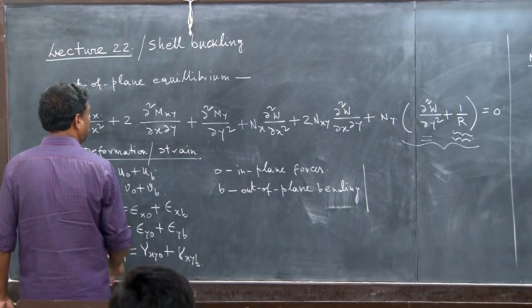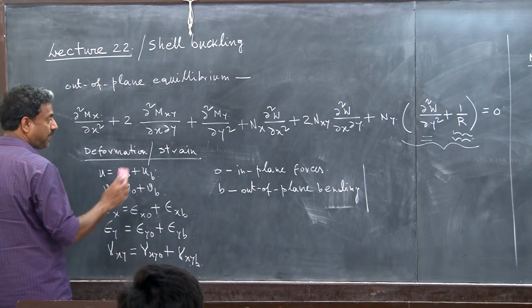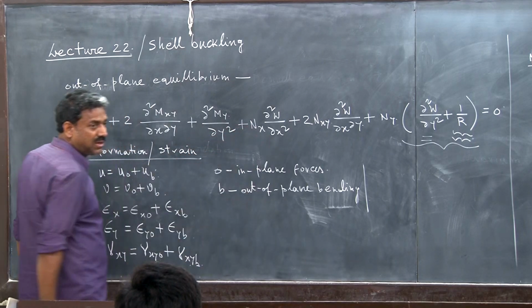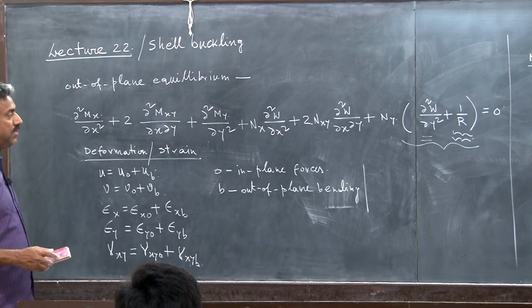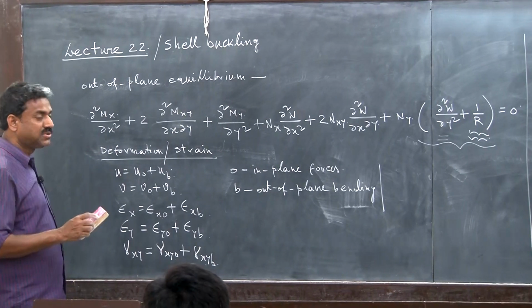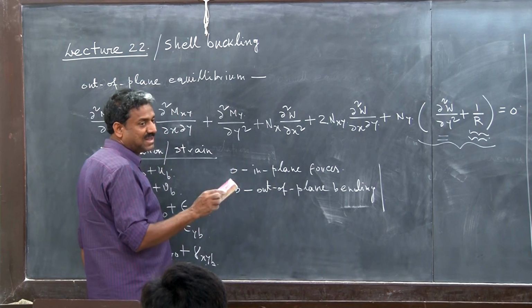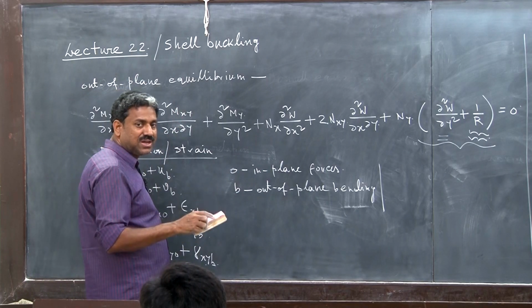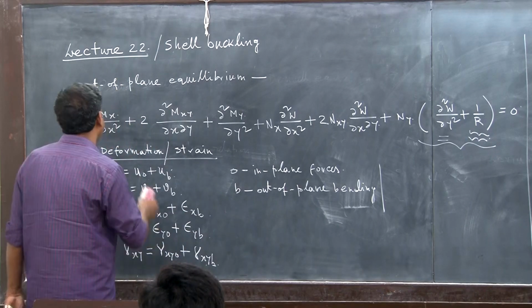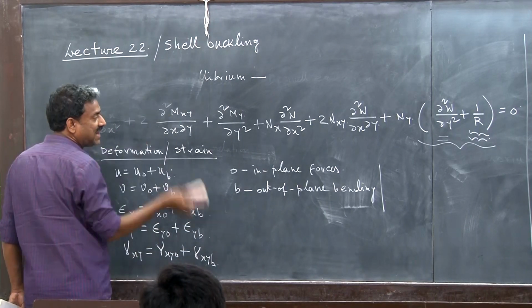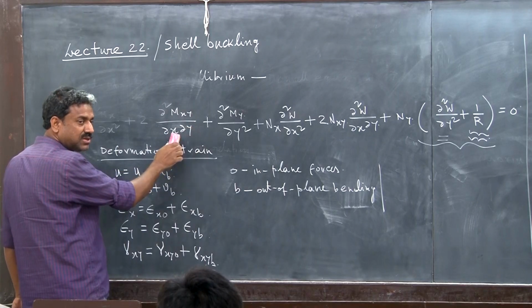We will use the stress-strain relationship to express this in terms of stresses, and then strain in terms of displacement gradient, and then ultimately we will substitute into the equilibrium equation.